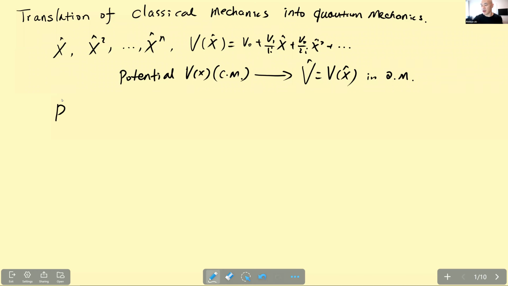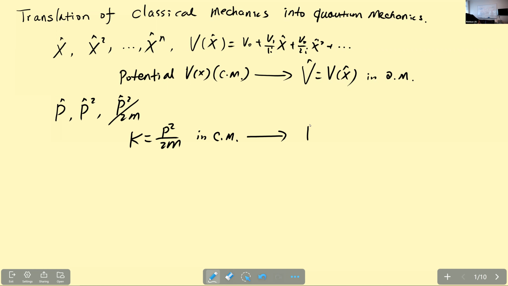So you can just do this very simple translation. You can also have a momentum operator, and a function like this one. So then you can, for example, translate the kinetic energy in classical mechanics into a kinetic operator that is p squared over 2m in quantum mechanics.